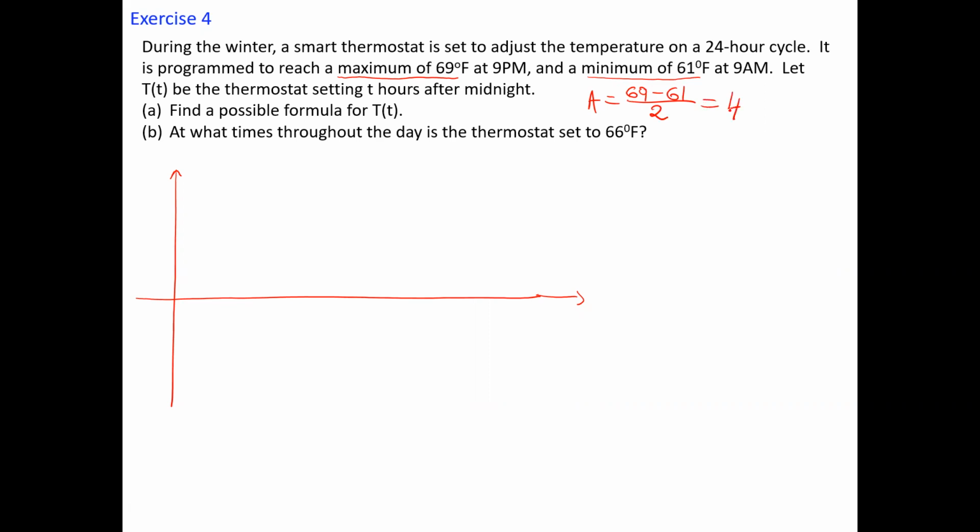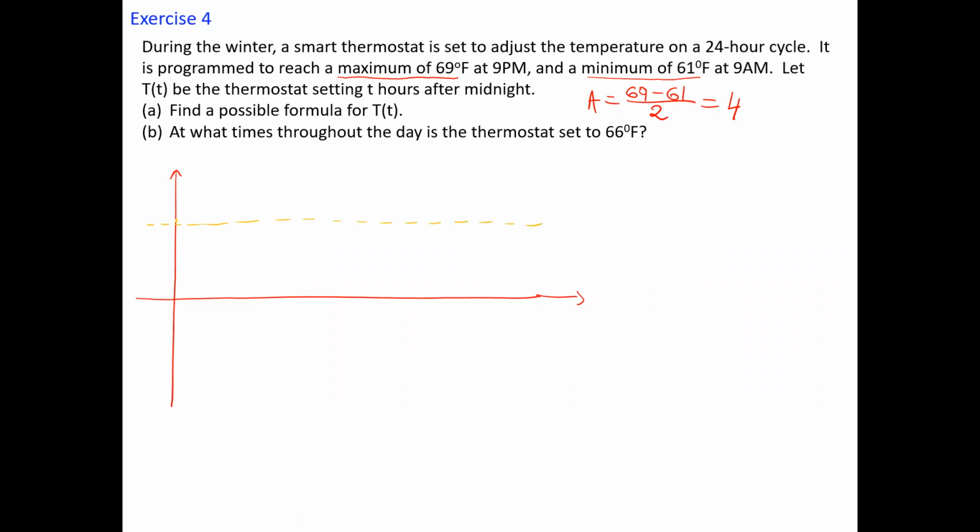It is 4. However, going from the minimum 61 up by 4 Fahrenheit, we will have 65, the midline. Let's do the midline 65, but we will still try to shift it.